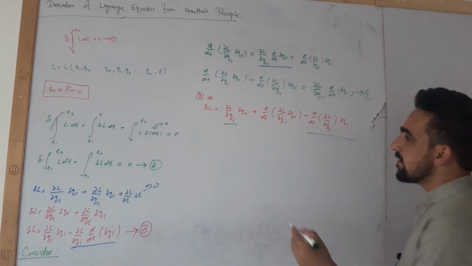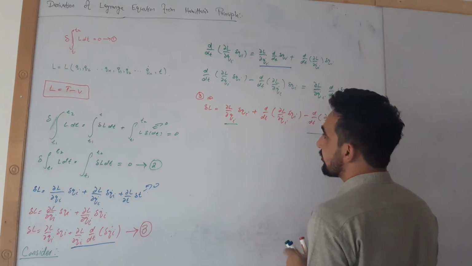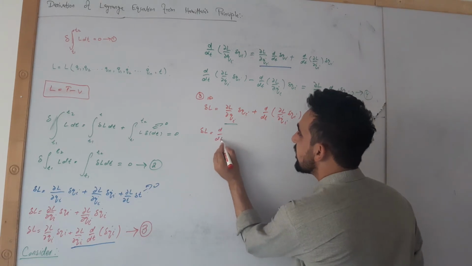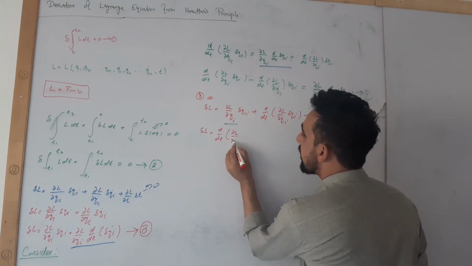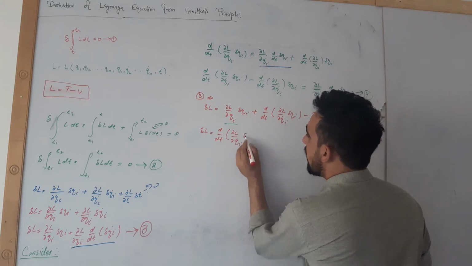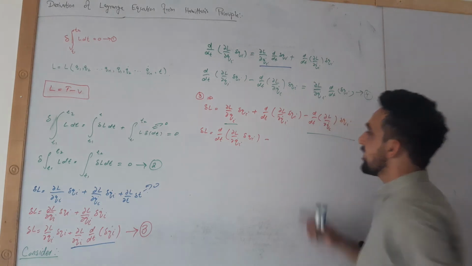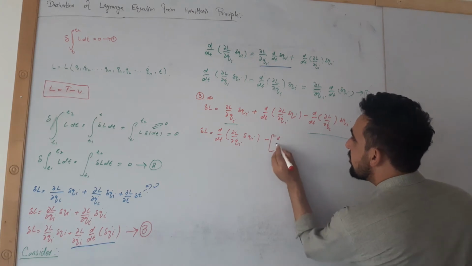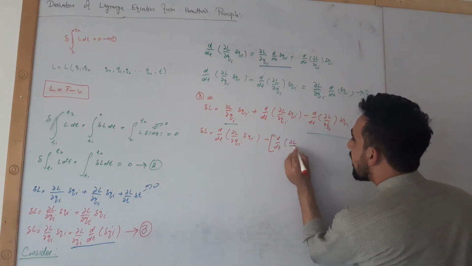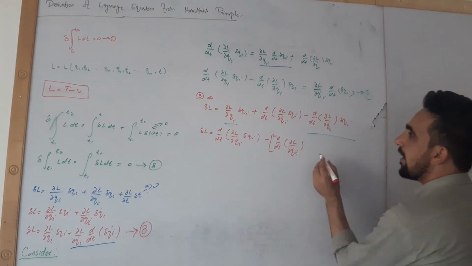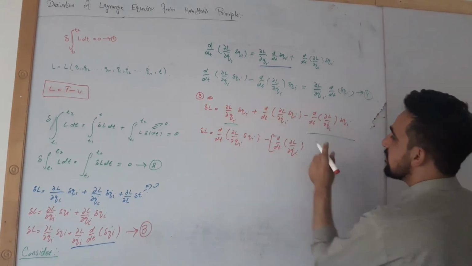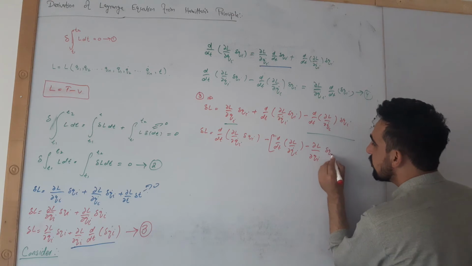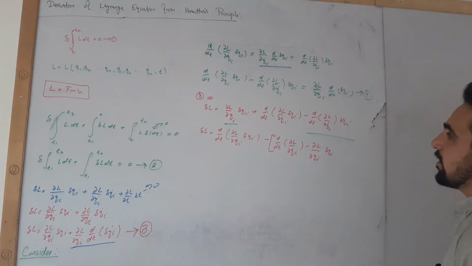So I am just going to rearrange this equation in the form del L is equal to d by dt of partial L by partial qi dot del qi minus d by dt of partial L by partial qi dot, and if we take minus common, this term will become equal to minus partial L by partial qi del qi.